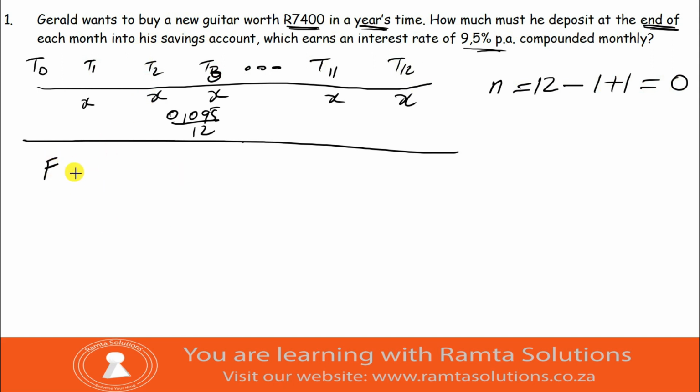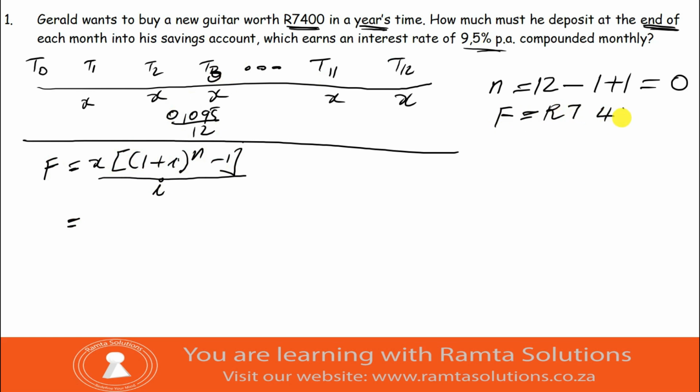So we'll say F equals X into 1 plus i to the n minus 1, all over i. We do not know what X is, but we do know the future value is 7,400.